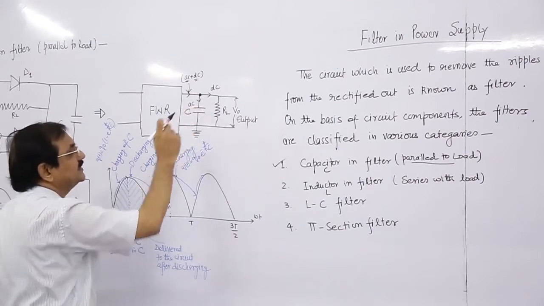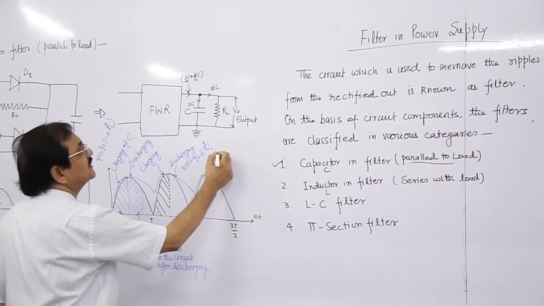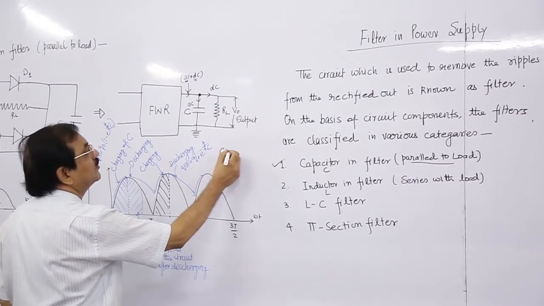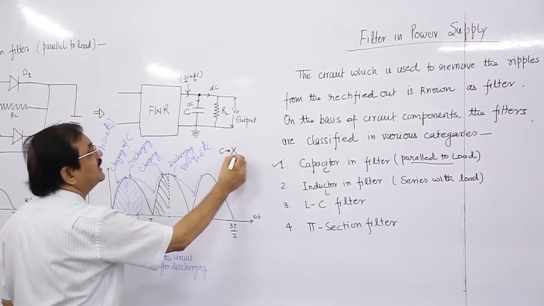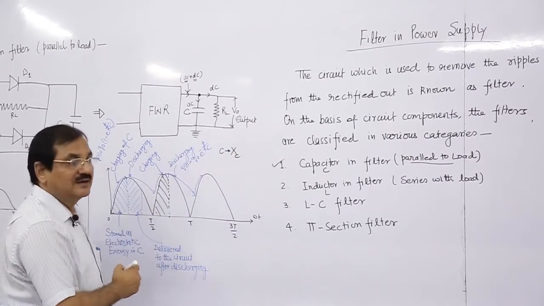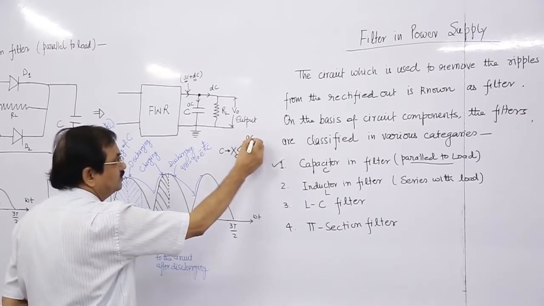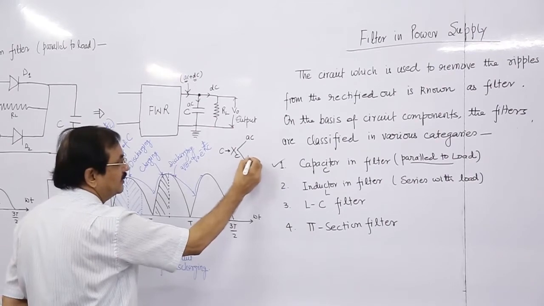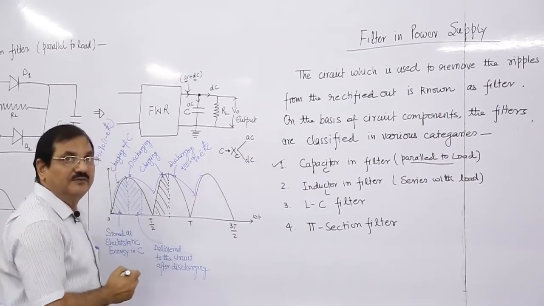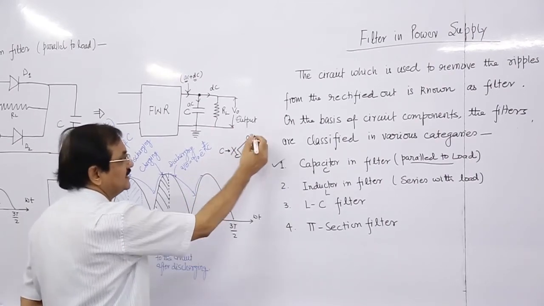This capacitor C gives the impedance XC, and this XC has two behaviors for AC and DC.